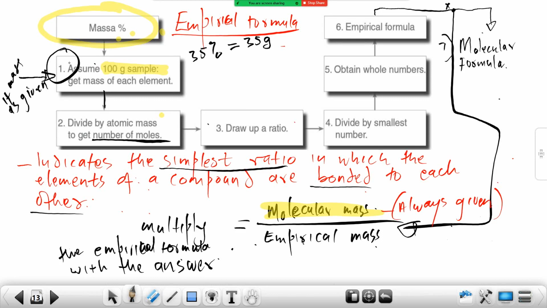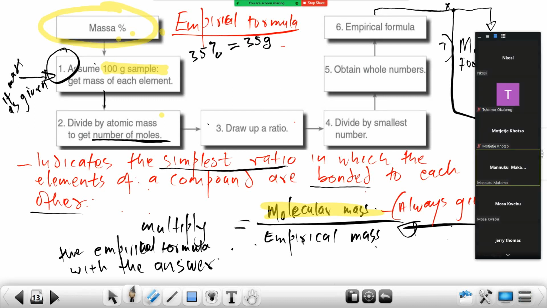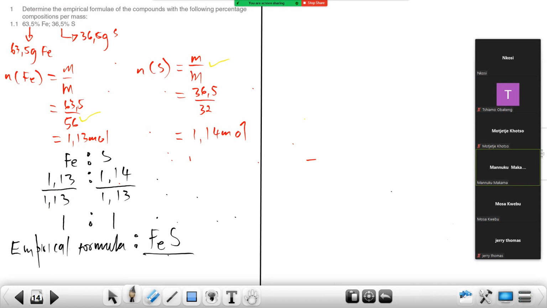Because if you can get the number of moles at 1, then steps 2, 3, 4, 5, 6 and 7 will still be applicable, because we now know how to calculate the number of moles in so many different ways. So this example was based and focused on when we are given the mass.